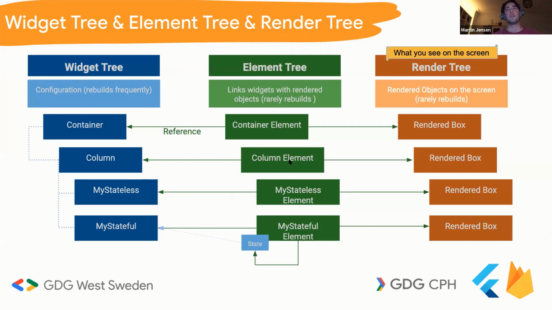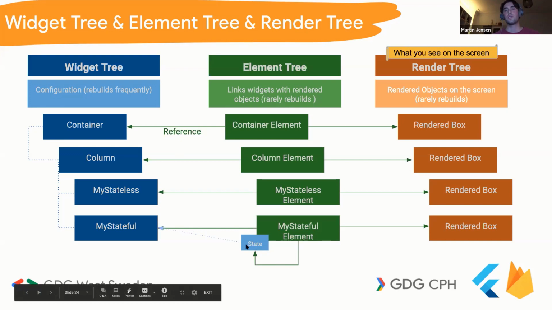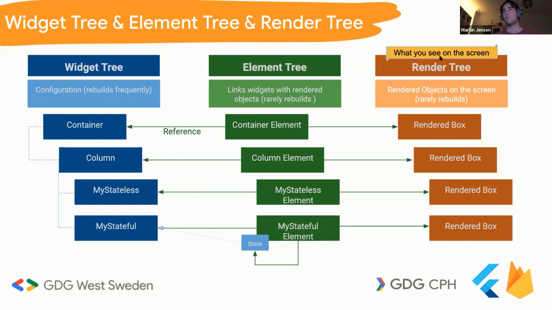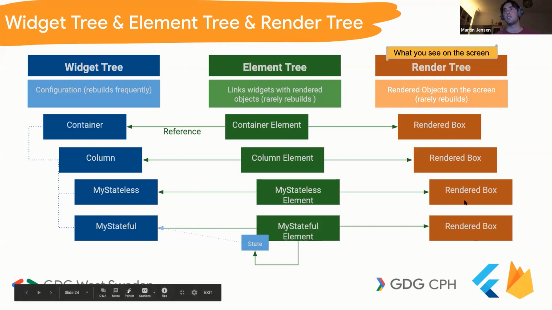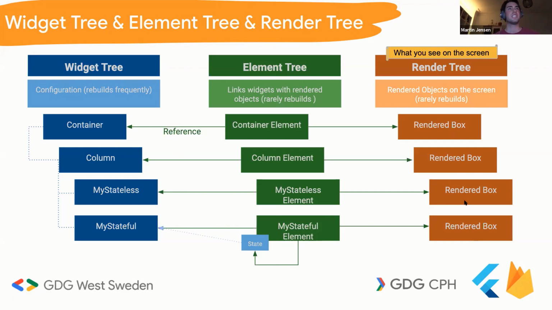It has references, and then it will only sort of change the state one place, and then it will render to the screen. So it sort of keeps track of 3 kinds of trees, and that also makes Flutter fast. And that's pretty cool.